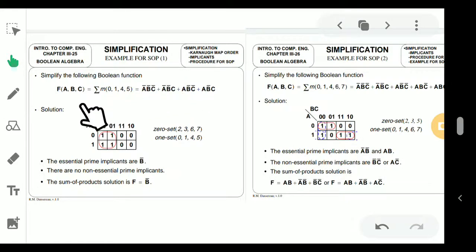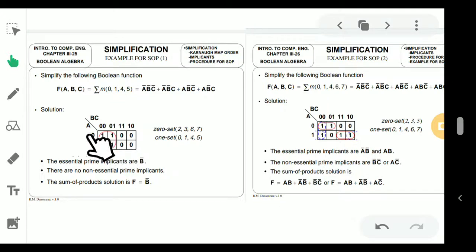In the question paper they generally give you this term, not the min term form. If they give you this term, from it you can come to the summation of min terms, you know how to find out. Then you choose the position: in 0 position you put 1, in 1 position you put 1, in 4 position you put 1, and in 5 position you put 1.